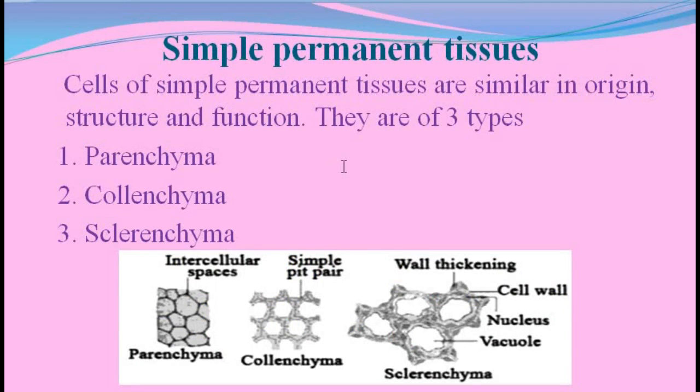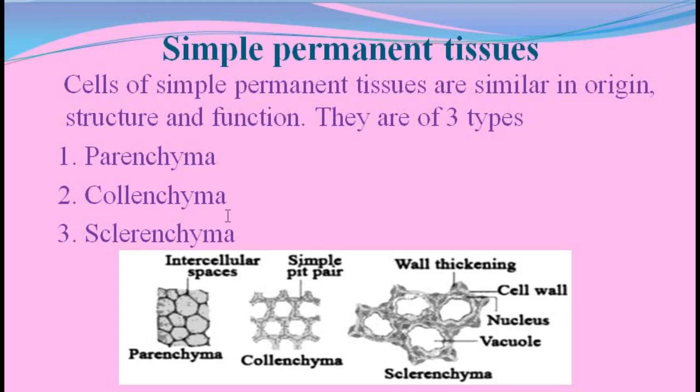So let me explain the simple permanent tissues. Cells of simple permanent tissues are similar in origin, similar in structure, and they perform a similar function. Simple permanent tissues are of types like parenchyma. These are the oval shaped or polygonal cells with or without intercellular space.